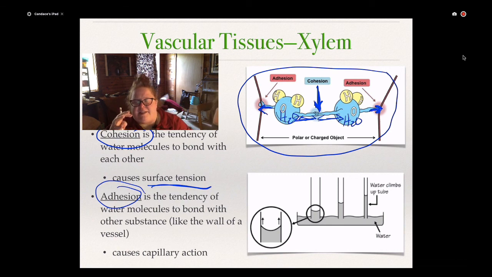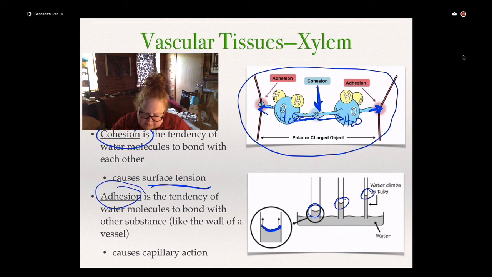This is what allows water to stick to some surfaces even when gravity is pulling against it. You may have seen this before when you learned how to take measurements using a graduated cylinder, and your instructor should have told you a little bit about where you take that measurement, in terms of this thing here called the meniscus.